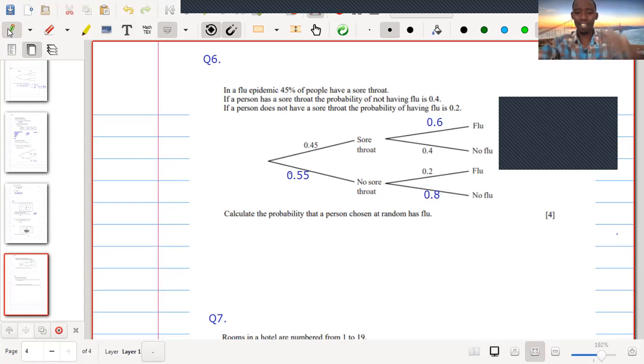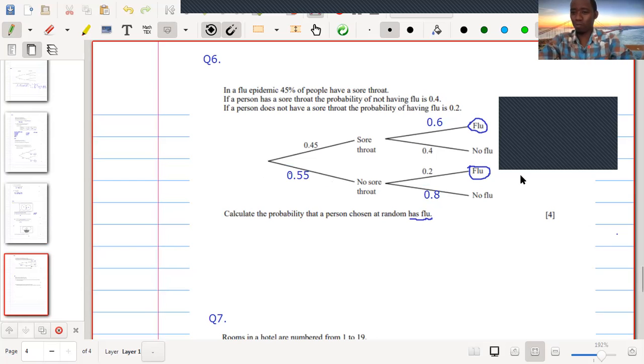They ask us to find the probability that a person chosen at random has flu, has flu here, and also has flu here. That means you may have a sore throat and have flu. You may have no sore throat, but also you have flu. That's what you call asymptomatic.